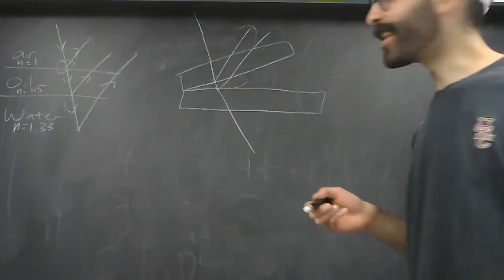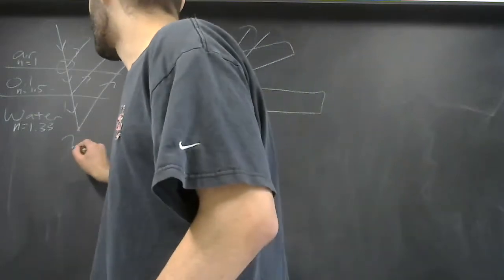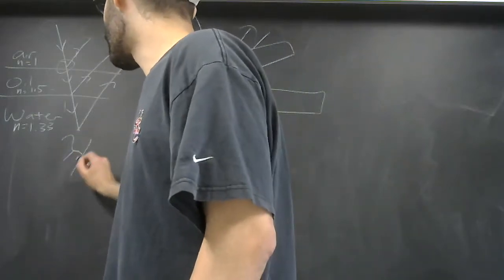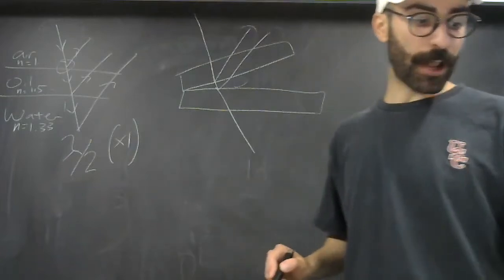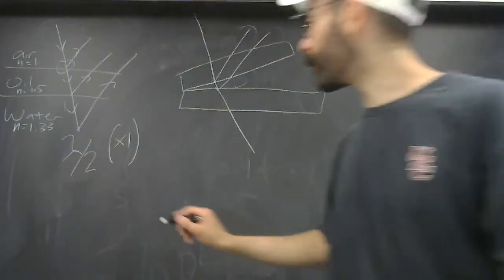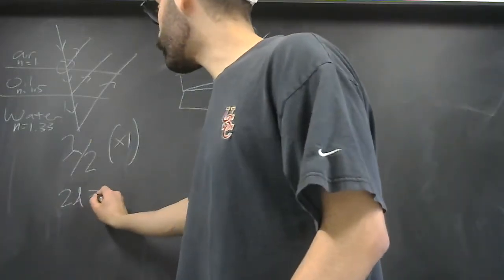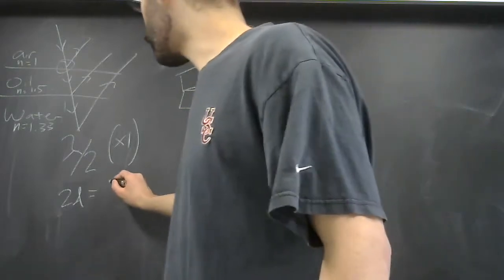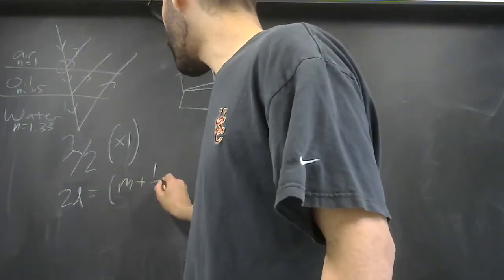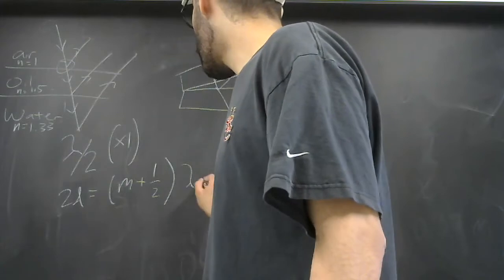So in this scenario, you have one phase shift, so we know there's a lambda over 2 phase shift. I'm just going to write times 1. How do we express that? Looking at our equation sheet, it's going to be 2d equals m plus 1/2 times lambda of the substance.